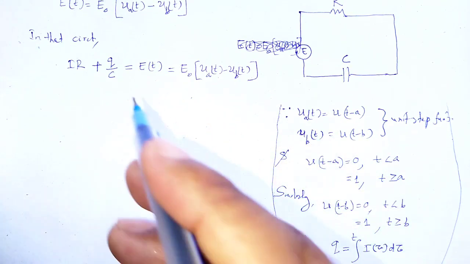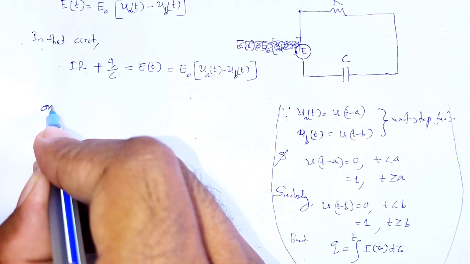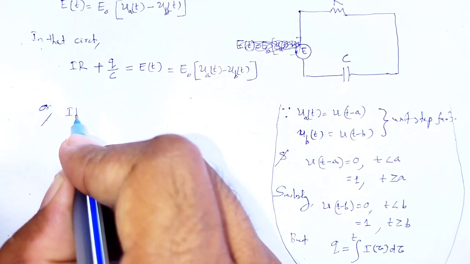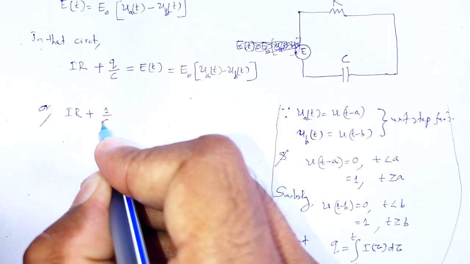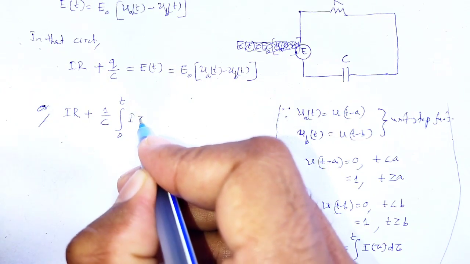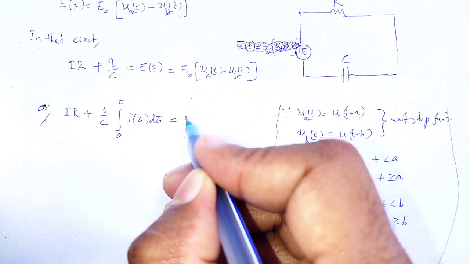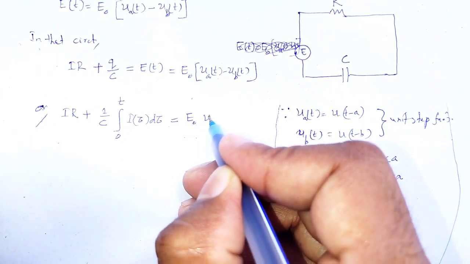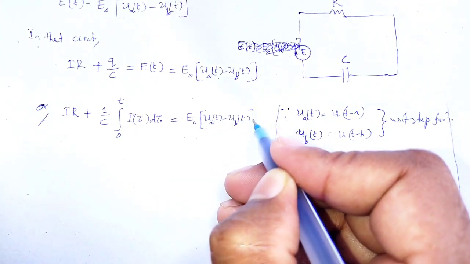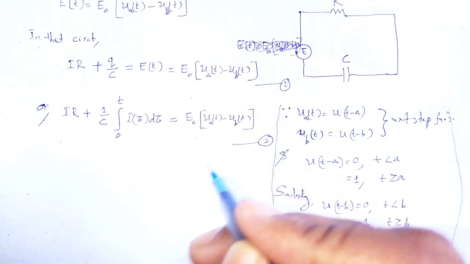These values are put here, so we have I R plus 1 by C, in place of Q, integration from 0 to t of I as a function of time, is equal to E naught u_a of t minus u_b of t. Let that be equation number 1 and this one be equation number 2.